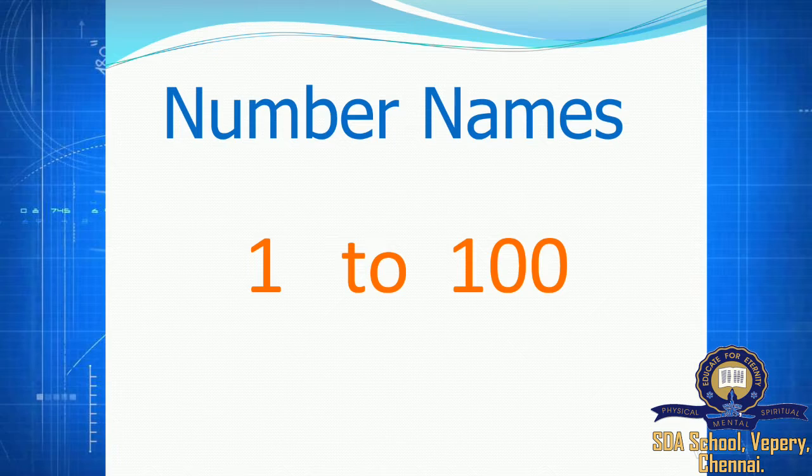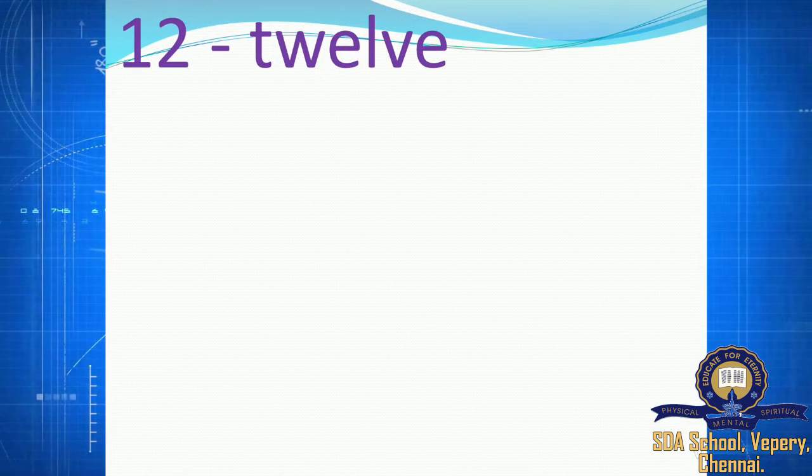Before going to the new chapter, we will recall the last chapter we learned. For that, we will do one simple exercise, recalling the spellings. The spelling for 12 is TWELVE.